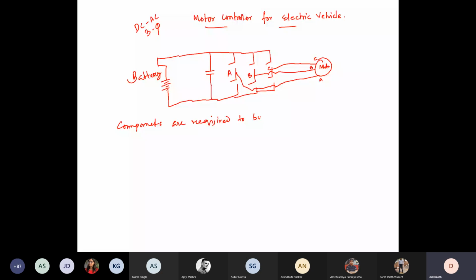Come up with some. For example, I'll start with: I need 6 MOSFETs or IGBTs. What do you think? What else do I need to physically build it? Point number 2, what do you need?